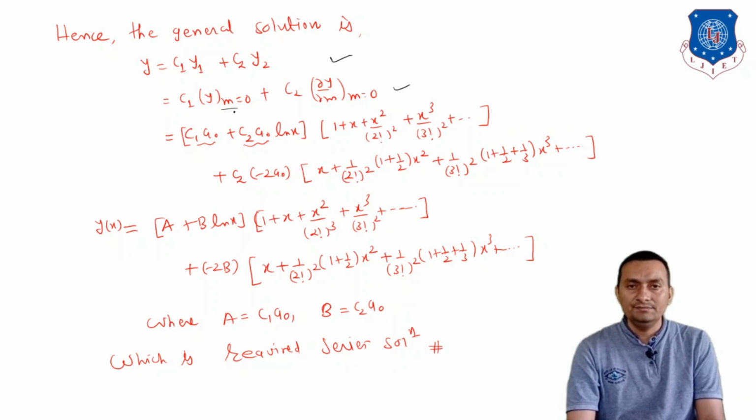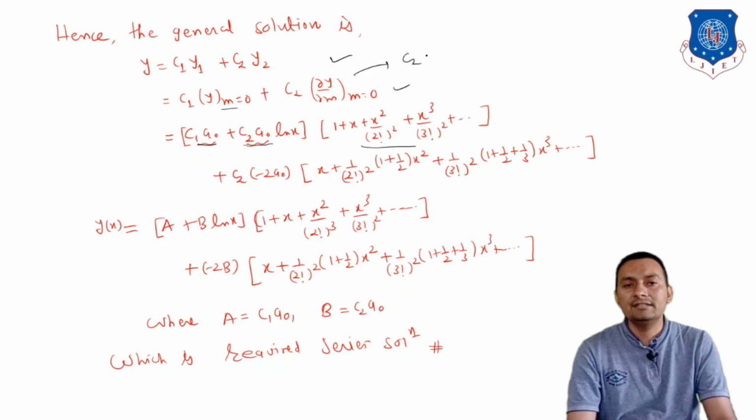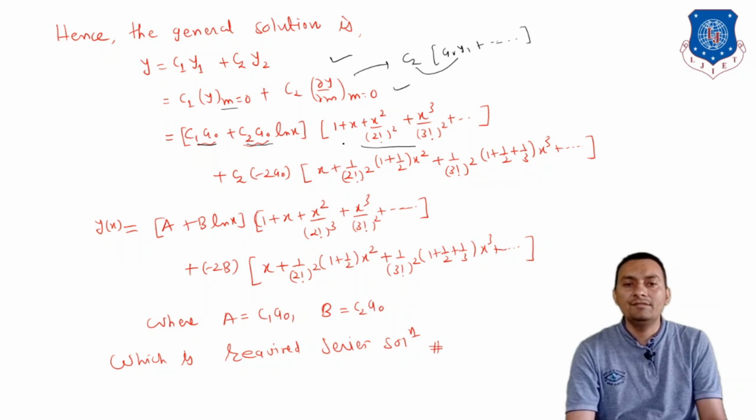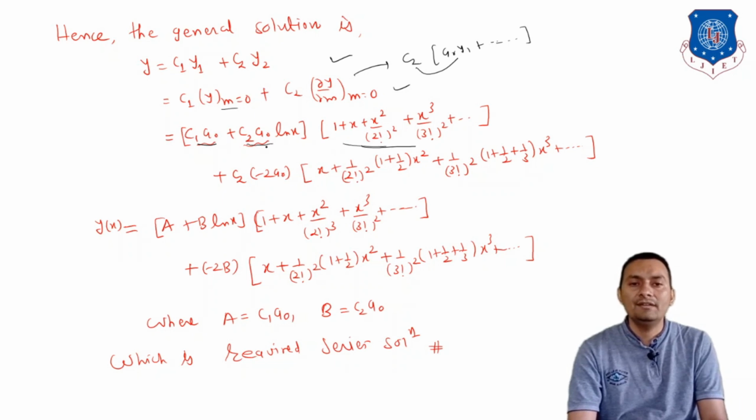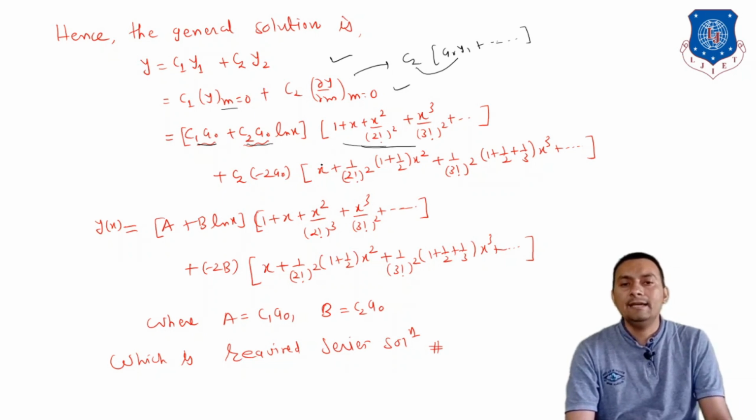Whenever we start with the first solution, we have C1 A0 with this, and whenever I consider the second solution, we have C2 A0, because this is exactly C2 into A0 Y1 plus the other solution. So C2 A0 with Y1, and Y1 is nothing but this one, so that's why we have written ln x over here.